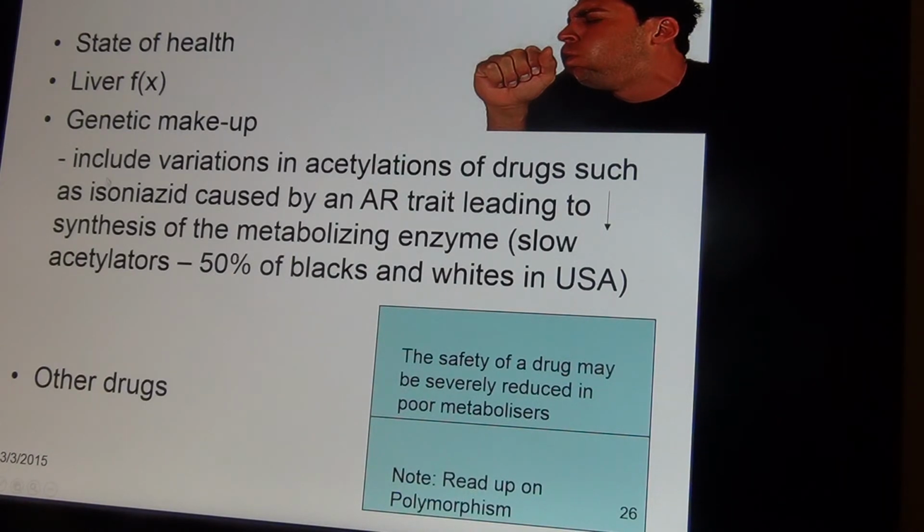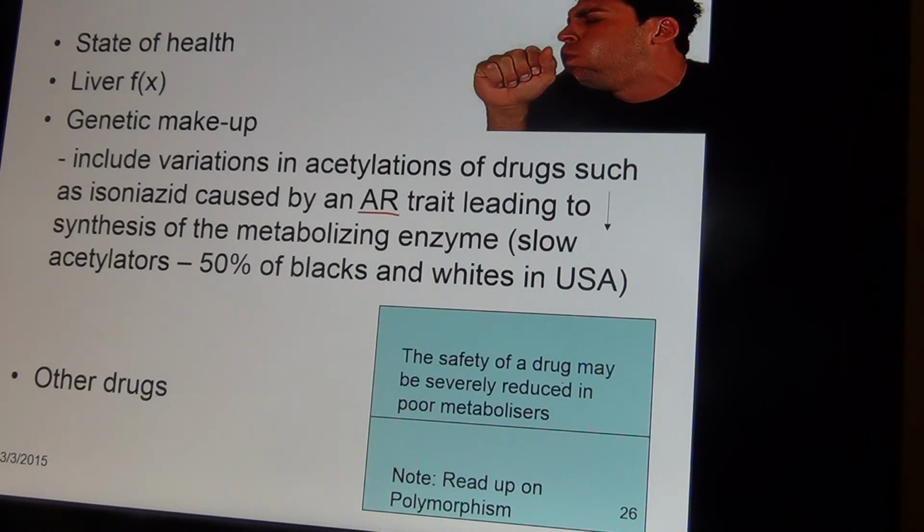Genetic makeup includes variations in acetylation of drugs such as isoniazid, caused by an autosomal recessive trait leading to reduced synthesis of the metabolizing enzyme. So there are people who are slow acetylators, which involves about 50% of blacks and whites in the US.